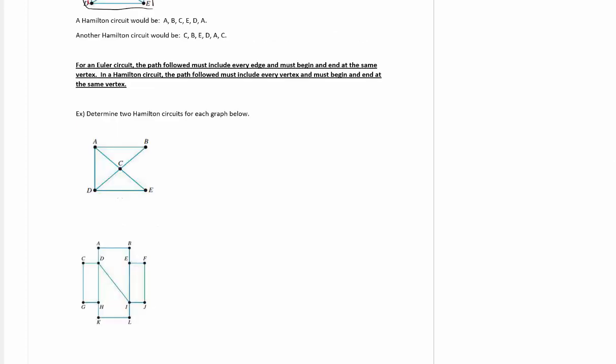Okay, let's determine two Hamilton circuits for each graph below. So I'll start with A. I can go A to B, B to C, C to E, E to D, and D to A. Starts with A and finishes with A and touches every vertex. Another one.